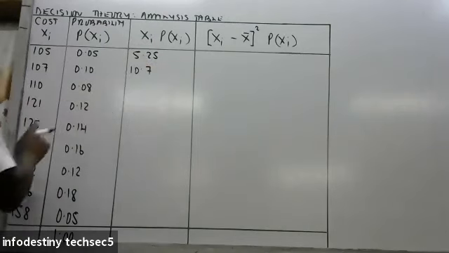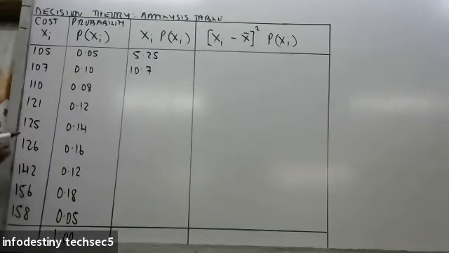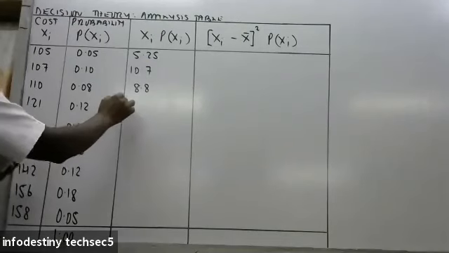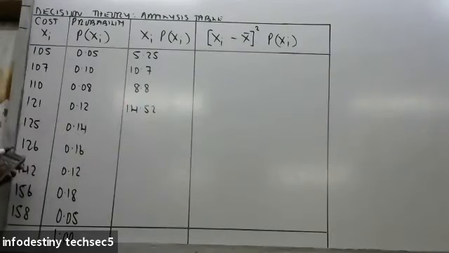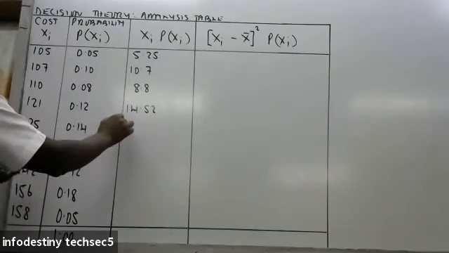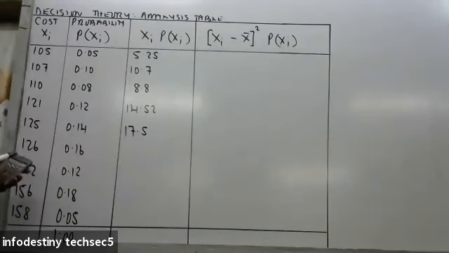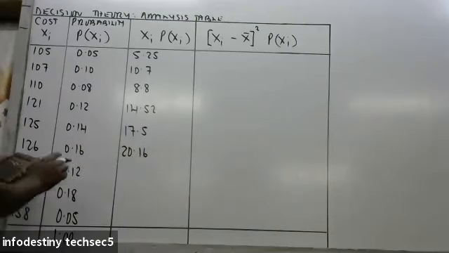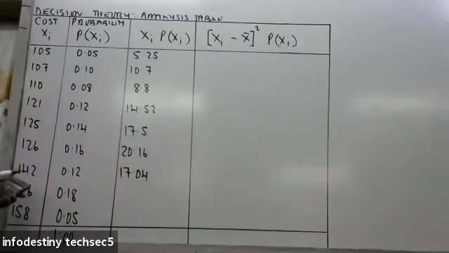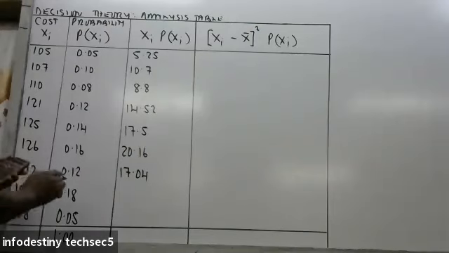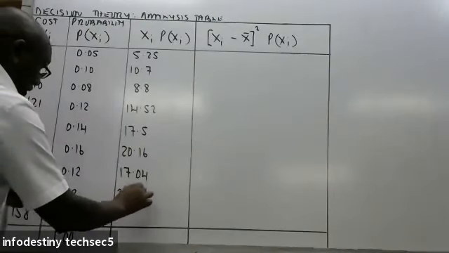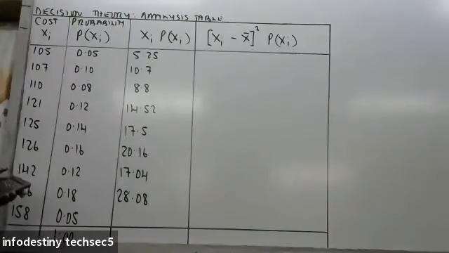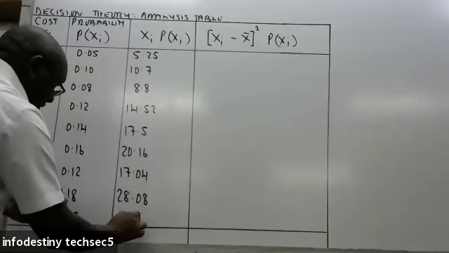This is 10.7. 110 times 0.08 is 8.8. 121 times 0.12 is 14.52. 125 times 0.14 is 17.5. 126 times 0.16 is 20.16. 142 times 0.12 is 17.04. 156 times 0.18 is 28.08. 158 times 0.05 is 7.9.